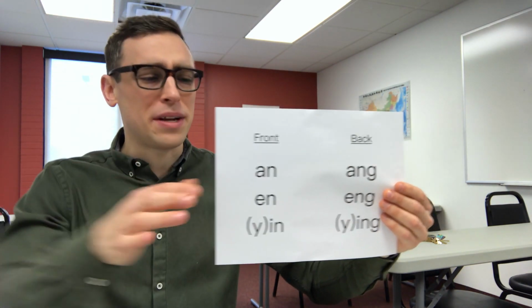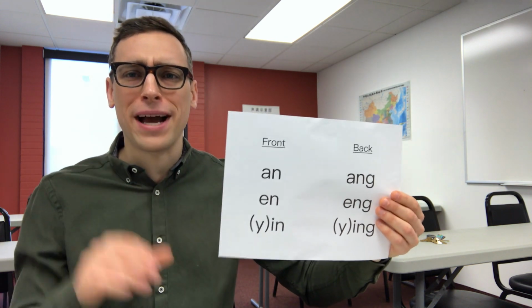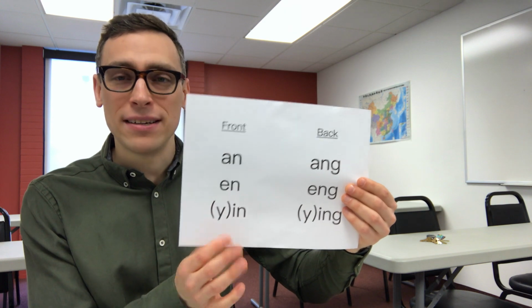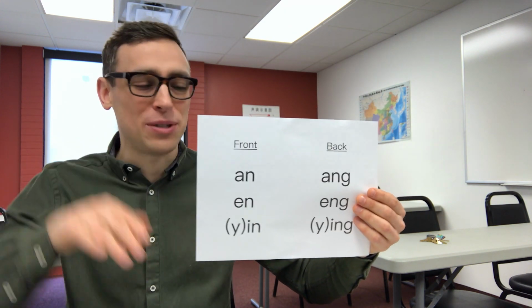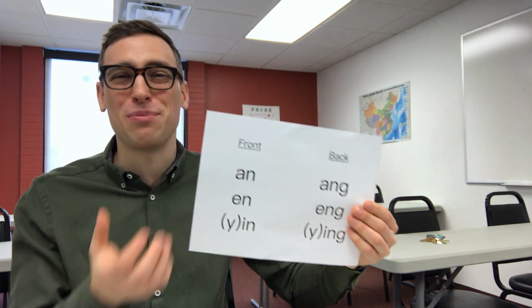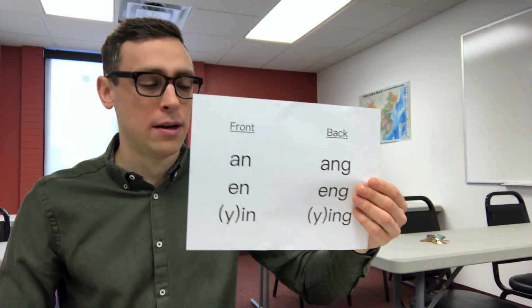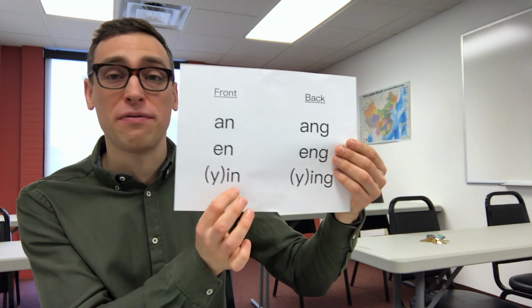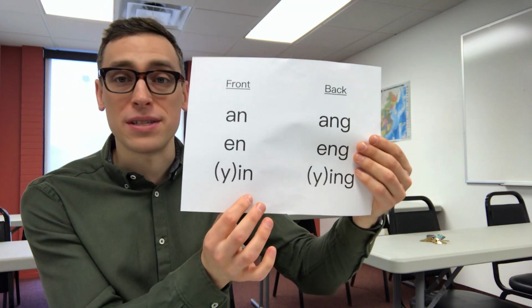It's raised a little bit compared to this A. And your lips are starting to pull back a little bit into a smile. With I, we've gone all the way from open all the way to really tight. Your lips are pulled pretty far back, pretty tight, and your tongue is pretty high up in your mouth. It doesn't have to move very far to stop that air passageway to produce this nasal sound.